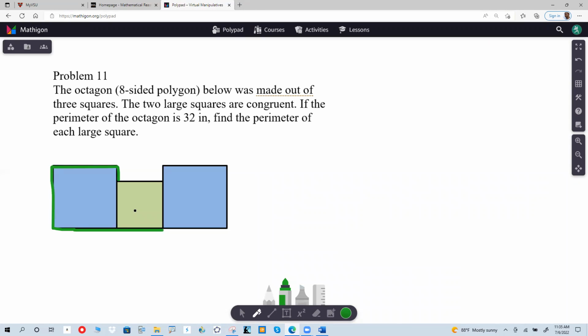If you add all these green rods, 1, 2, 3, 4, all the 4 green rods together form the perimeter of the blue square. Why, guys? Because if you replace this yellow piece with this green piece, it's going to be the perimeter of the blue square, as we can see.